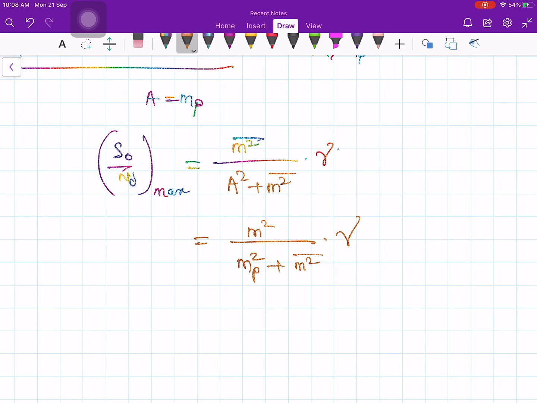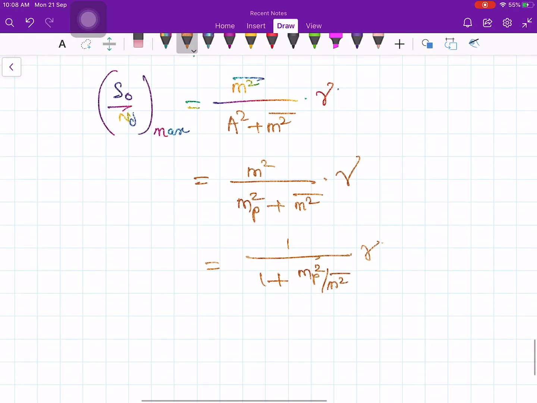And you can also write, taking m-square-bar outside, 1 divided by 1 plus m_p square divided by m-square-bar, times gamma. So this is another way of writing the same expression.